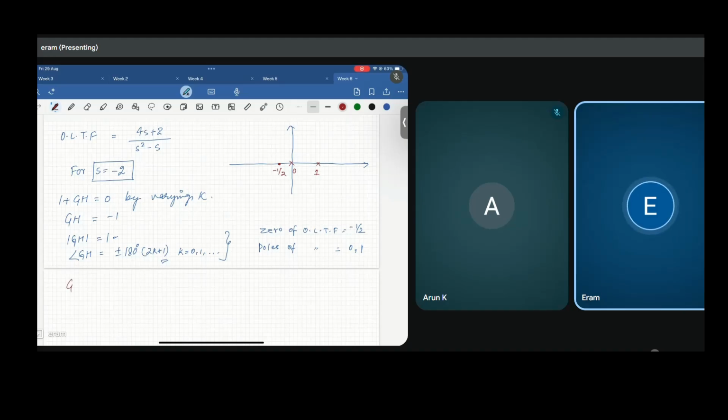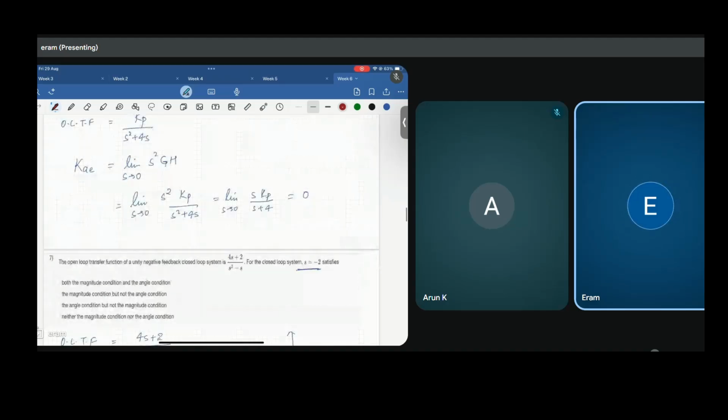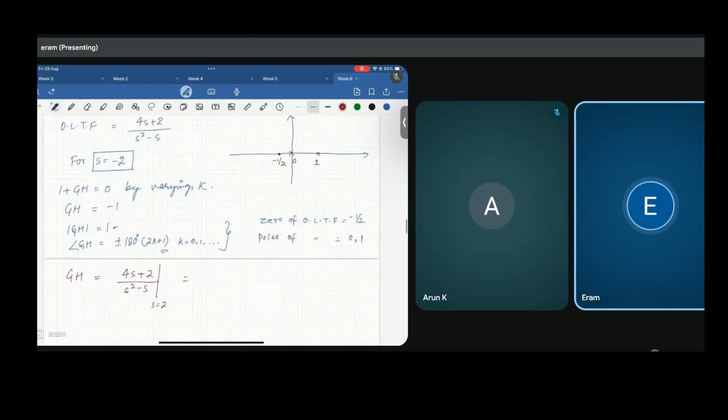Okay, in the GH, which is given as 4s plus 2 divided by s square minus s, if we put s equals to 2, what will we get? No, we have to calculate at minus 2.